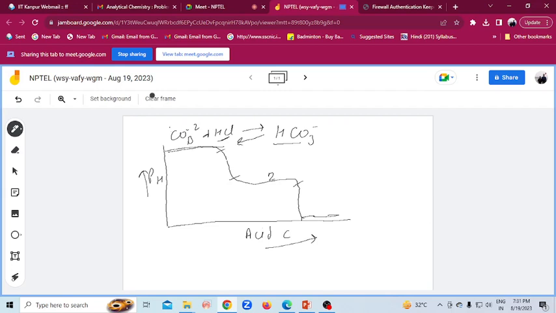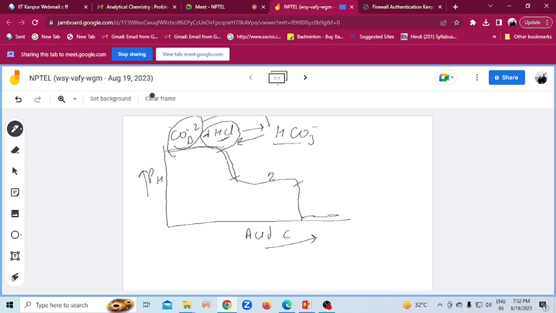Because it is a reversible reaction, equilibrium will be established, but you add more HCl, then all the CO3 concentration will be converted to HCO3, and the pH will decrease suddenly from here to here.